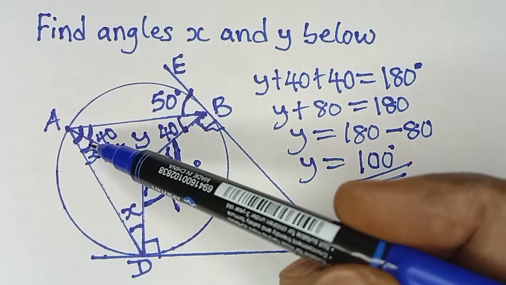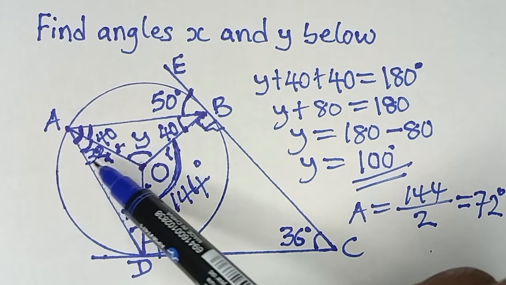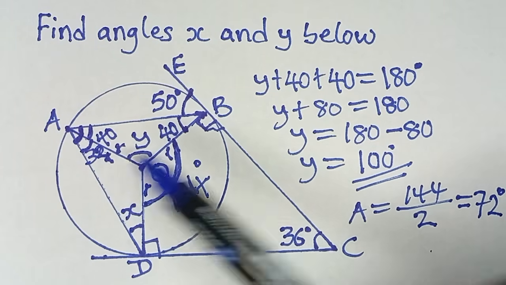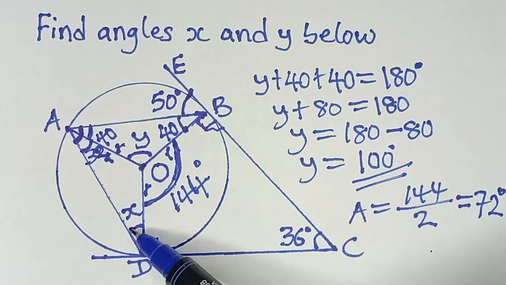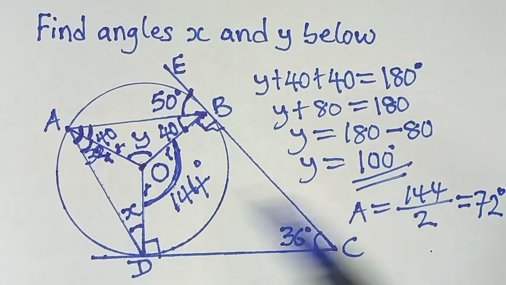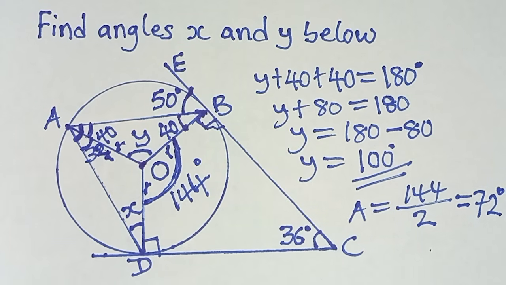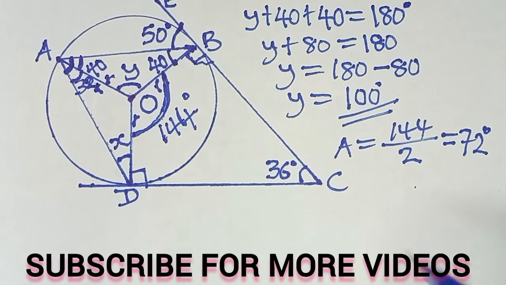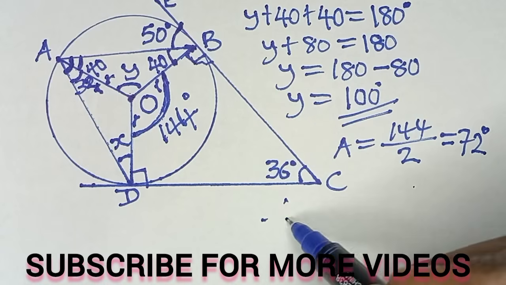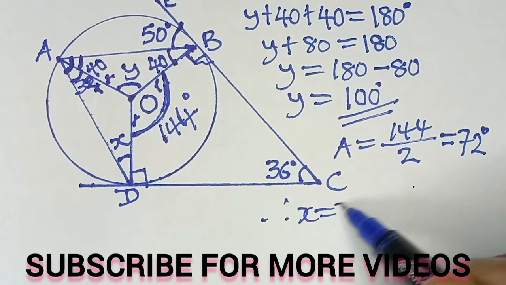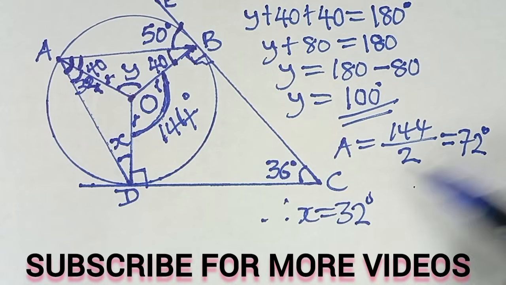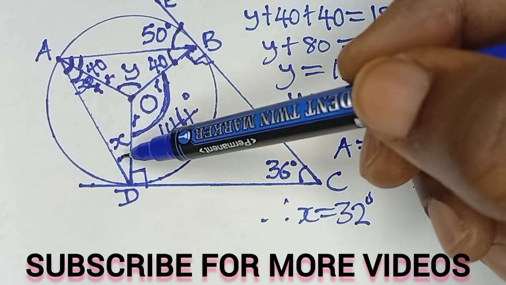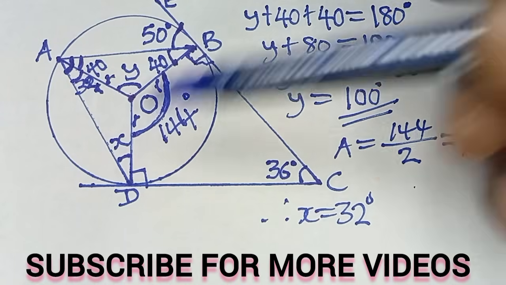So if this base angle that we just obtained is 32, then you agree with me that this base angle, which is also x, will also be 32 degrees. So automatically, without solving anything there, I can just conclude by saying, therefore, x is equal to 32 degrees because the base angles of an isosceles triangle are equal.